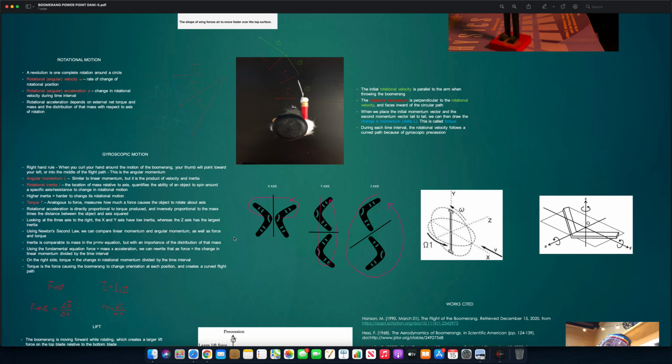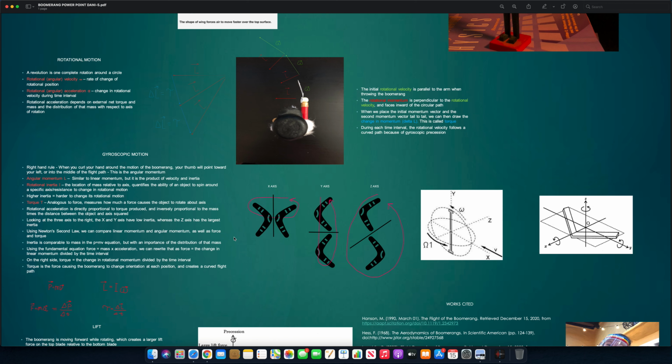If an object has higher inertia, it's harder to change its rotational motion. And then torque is similar to force, and it measures how much a force causes the object to rotate about the axis. Rotational acceleration is directly proportional to torque produced and inversely proportional to the mass times the distance between the object and the axis squared.